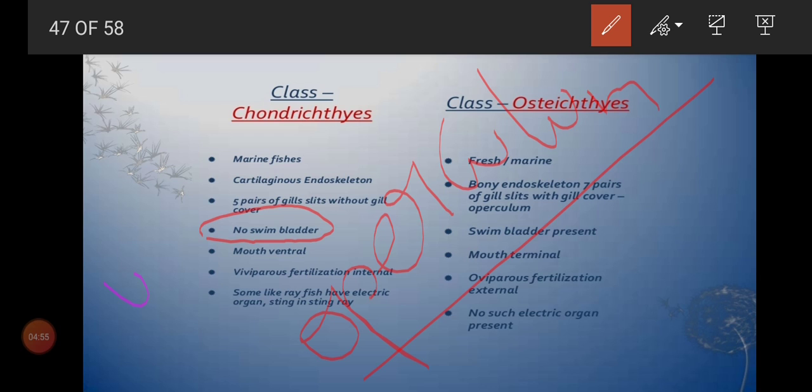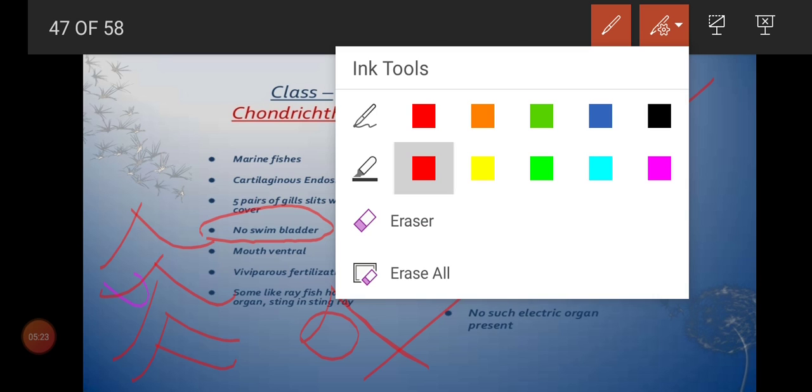So, with no air bladder, the organisms under Chondrichthyes need to swim continuously. If not, they will sink in the water. Is that clear, children? To maintain their buoyancy, they need to swim continuously. If not, they will sink inside the water. But come to Osteichthyes here.